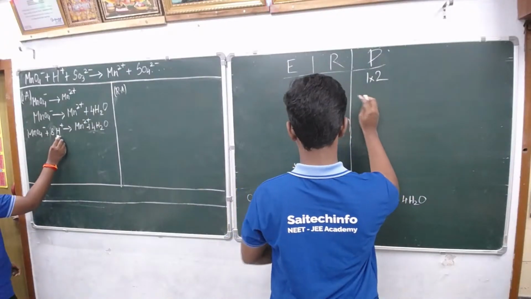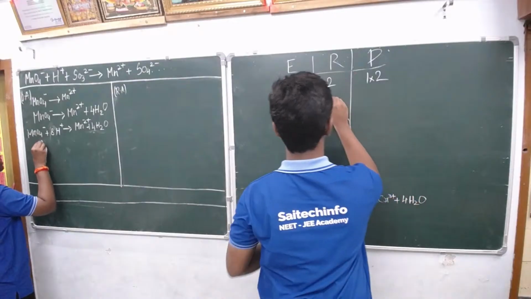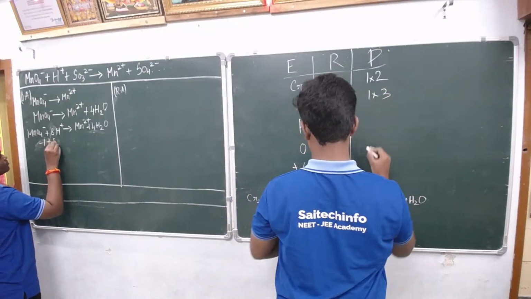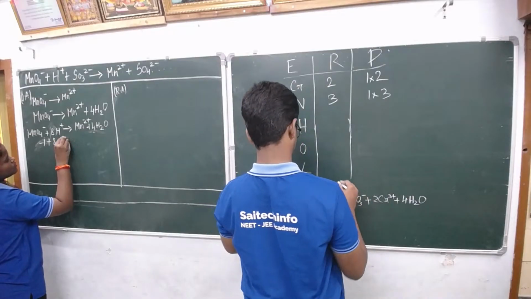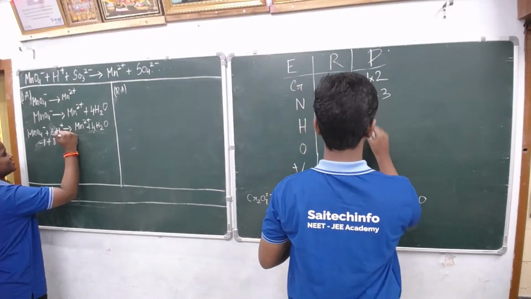We don't know how much electron needs to be added, so by the algebraic method, put X on the left side.